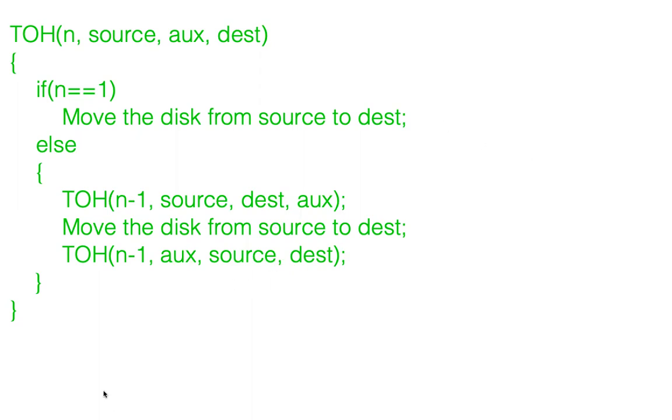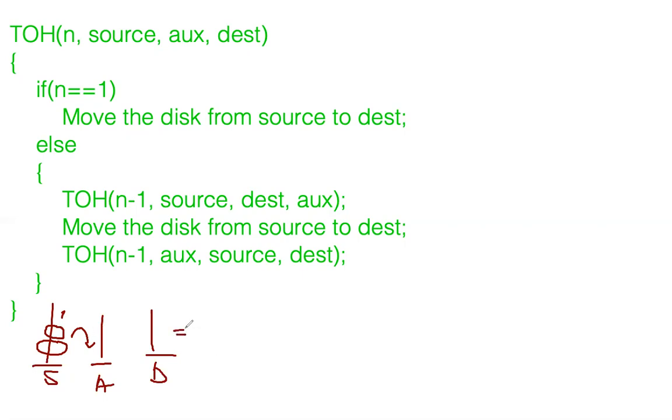So this is somewhat like this. We have the source, we have the auxiliary, and we have the destination. At first, we are moving all the discs from here, dot, dot, dot, to here, the n-1 discs. Whatever n-1 discs are there, all are moved from the source to the auxiliary.